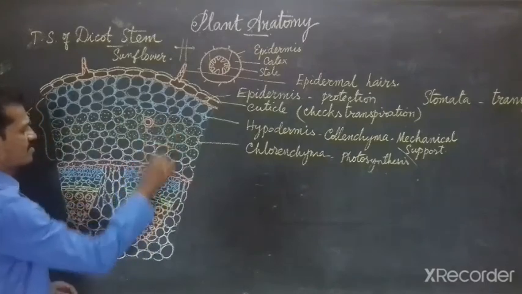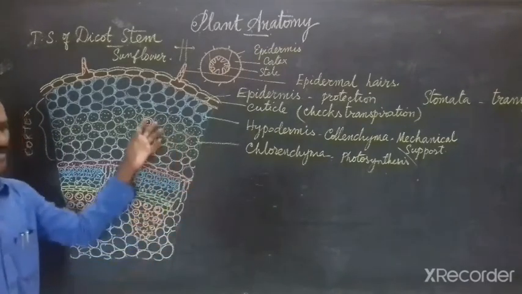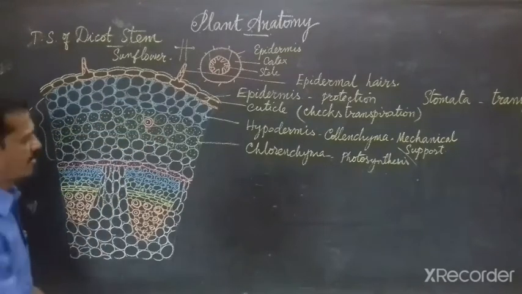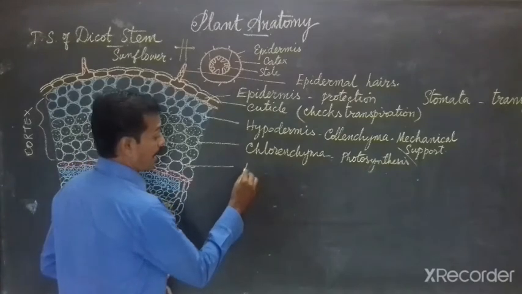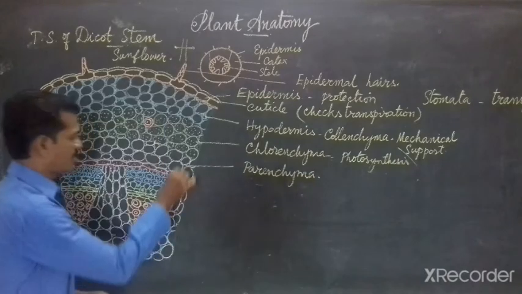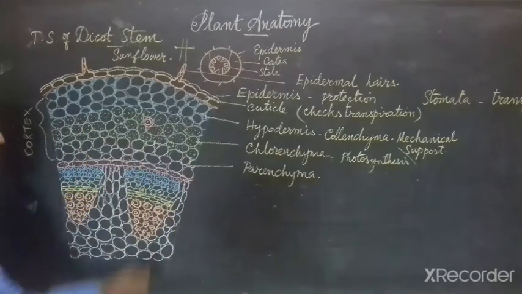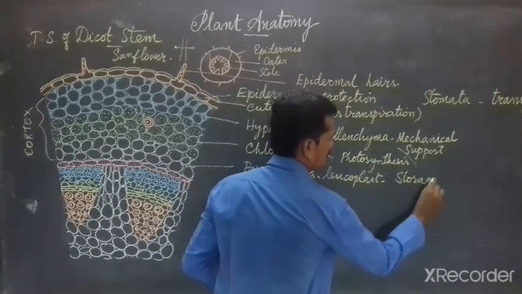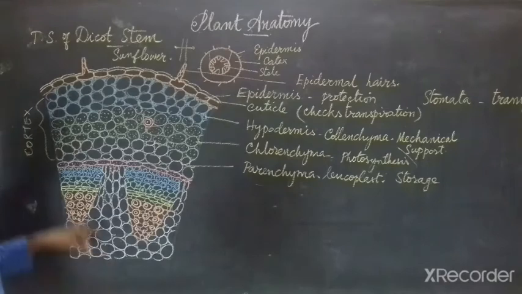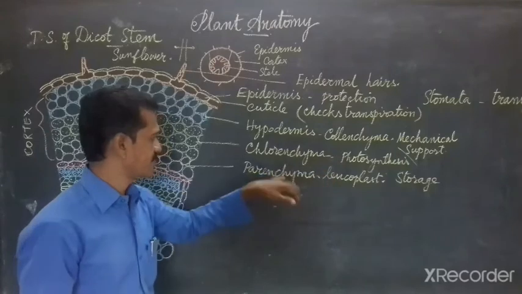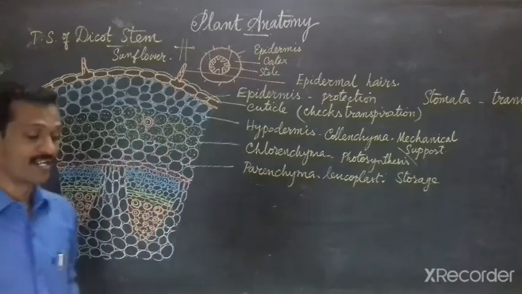There are some resin ducts also seen in this region. Below that, one or two layers of parenchyma are seen. These cells are thin walled with a lot of intercellular space. They contain leucoplasts since they are involved in storage. So these three regions occupy the cortex.